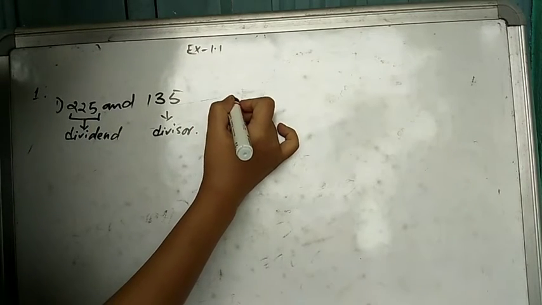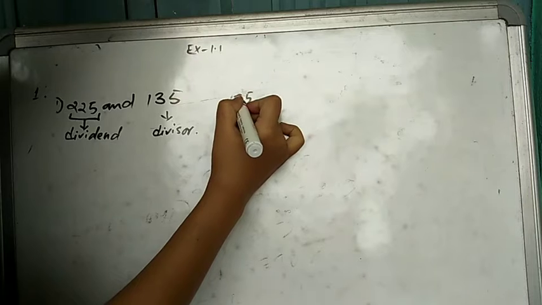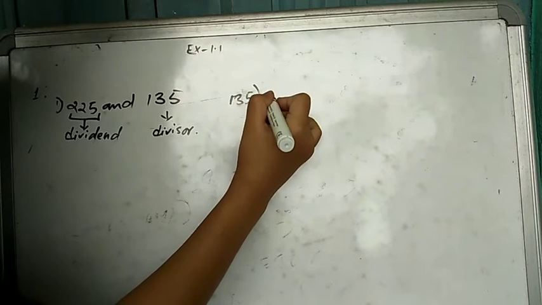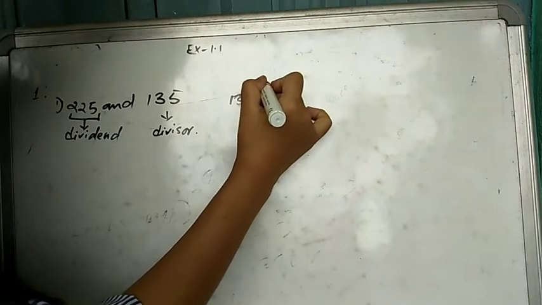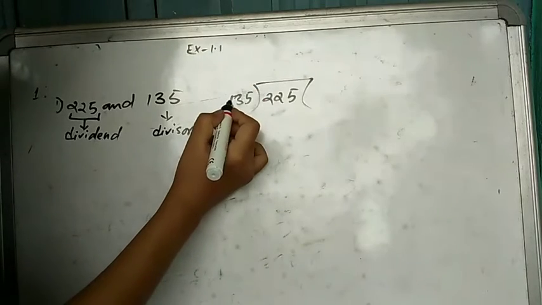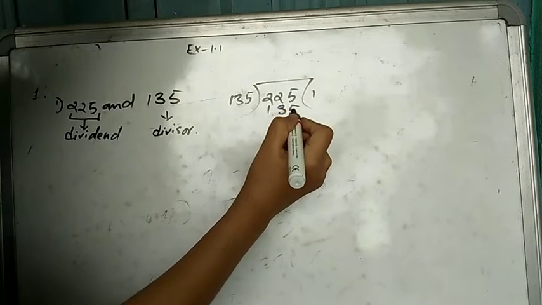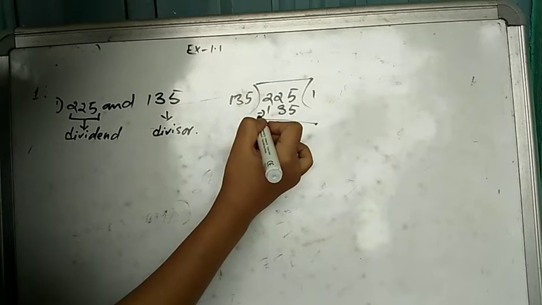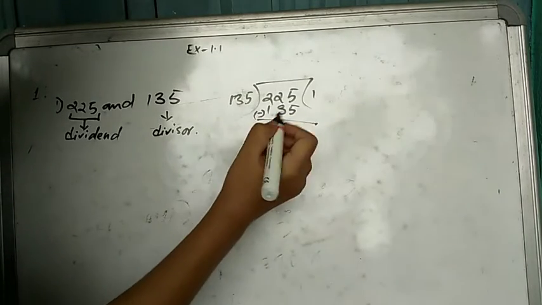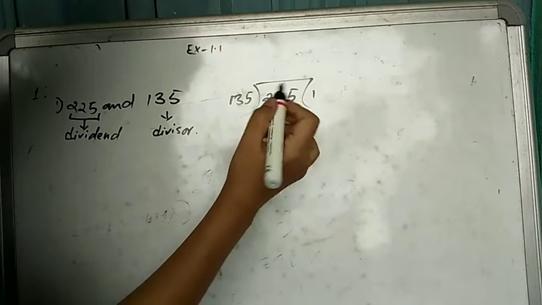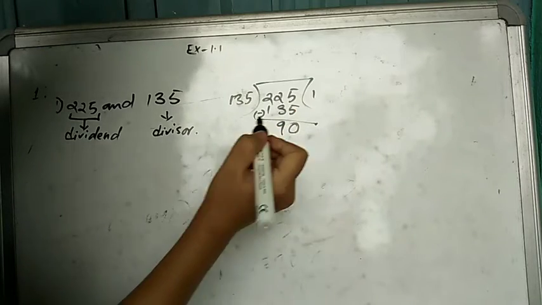So 135 will divide 225. 135 into 1 equals 135. We do a subtraction here, and when you subtract, you get the remainder as 90.